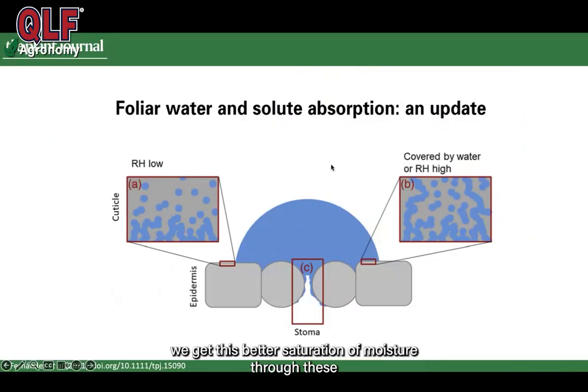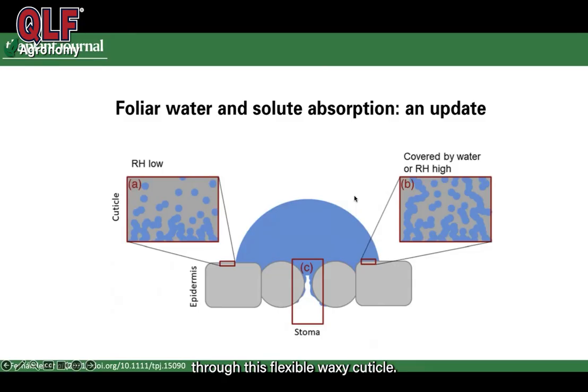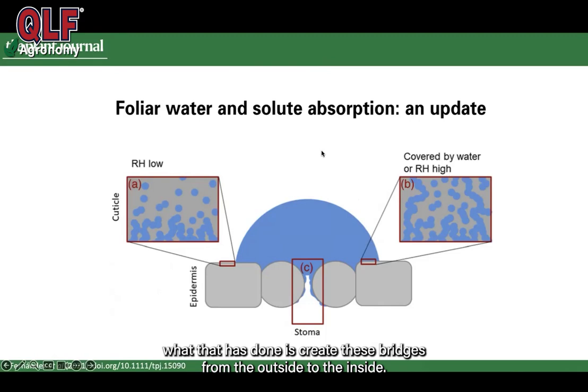or the bubble, we get this better saturation of moisture through this flexible waxy cuticle, and what that has done is create these bridges from the outside to the inside. We've created this bridge of hydration where the nutrients and solutes can pass and move.